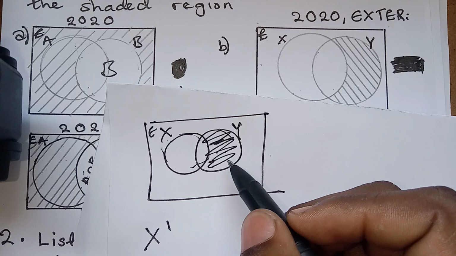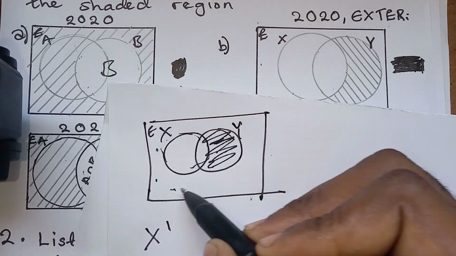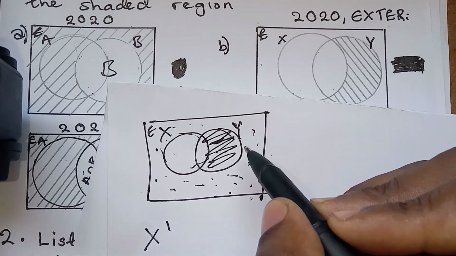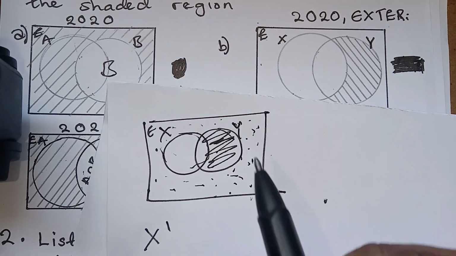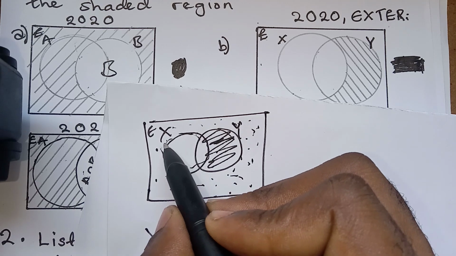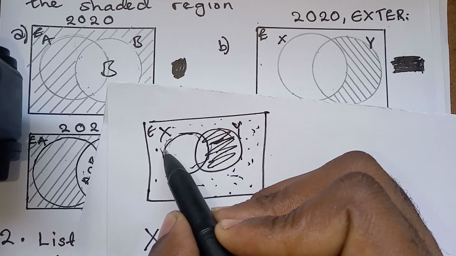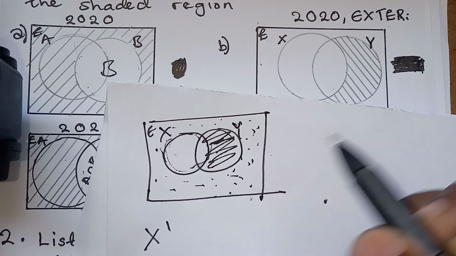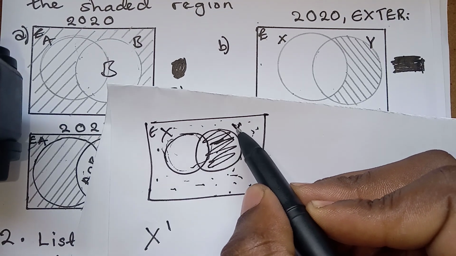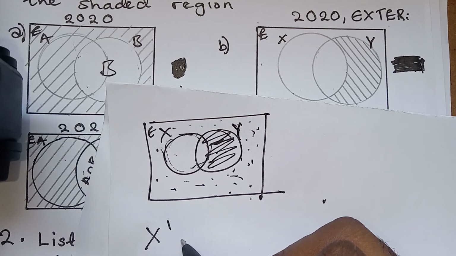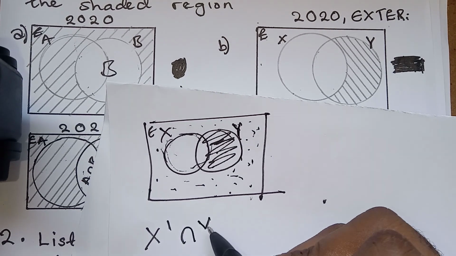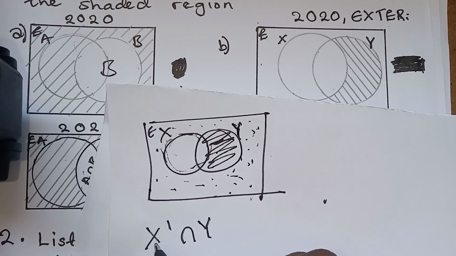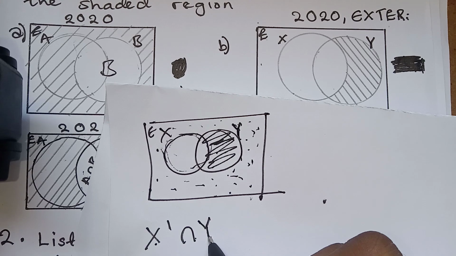But then we have these other elements which are outside X. Since we don't want to include these, you can intersect the elements of X complement with the elements of the set Y. So once you intersect this with the set Y, you have your answer as X complement intersection Y.